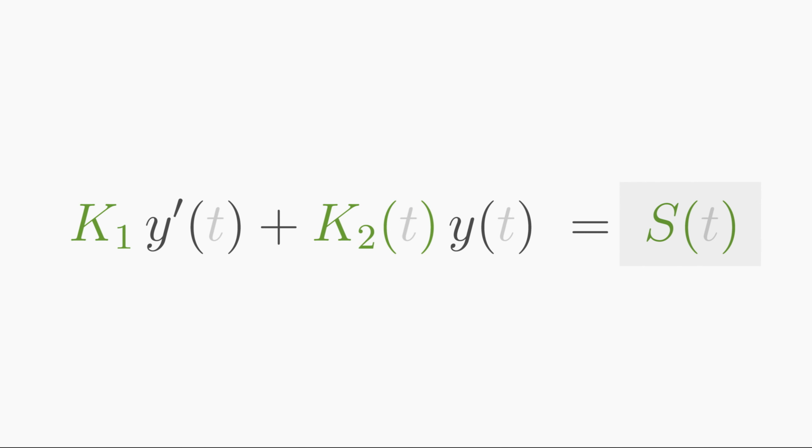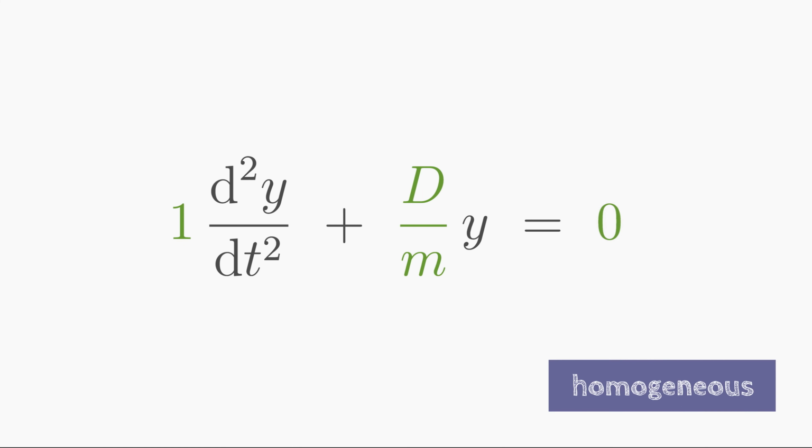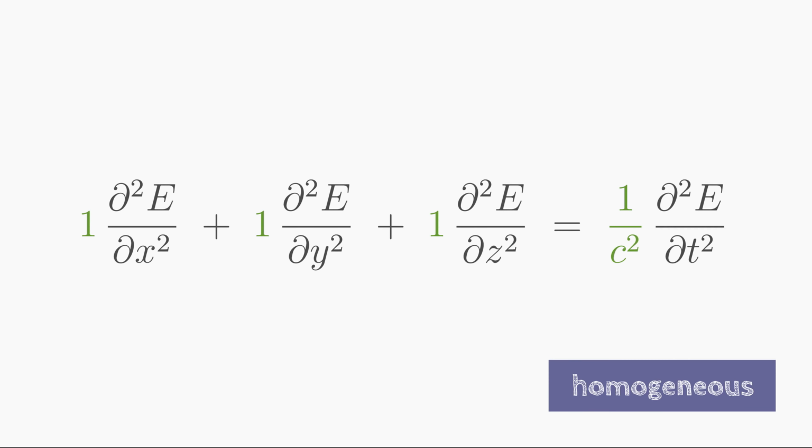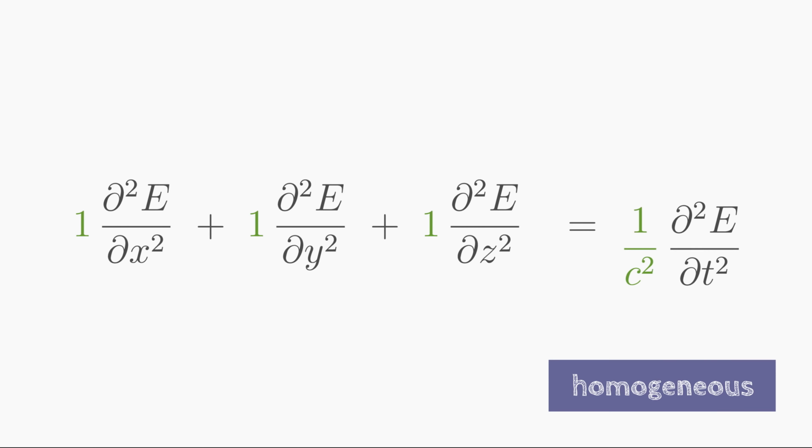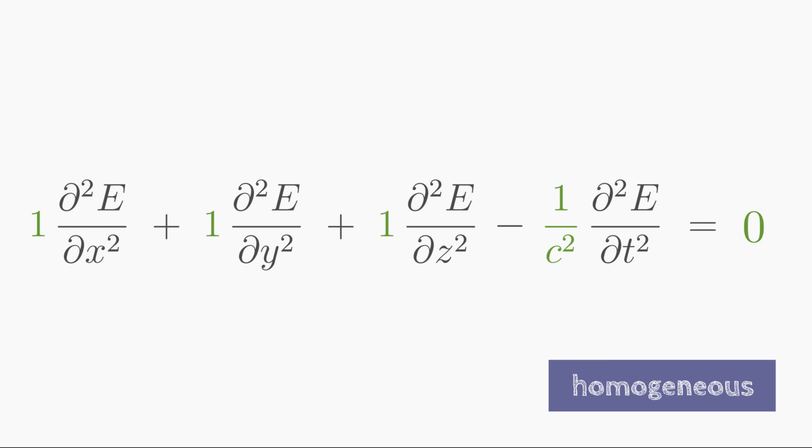If the perturbation function is 0, then we call the linear differential equation homogeneous. So the differential equation for the oscillating mass is a homogeneous differential equation. The wave equation is also homogeneous, because here there is also no single coefficient. The perturbation function is 0.